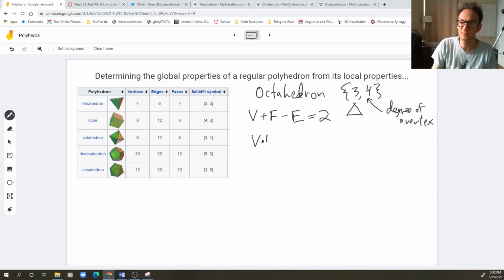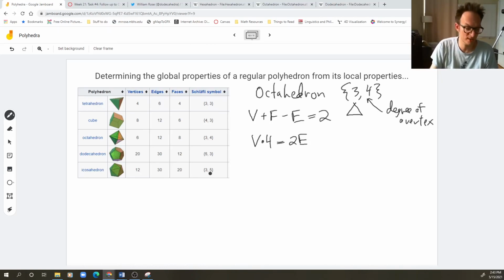Then if I multiply the number of vertices by the number of edges incident with that vertex, once again I've double counted all the edges. And now I'll just go back to using E for edges. Okay. Great. So this is the handshake argument again. I think that's explained pretty well.